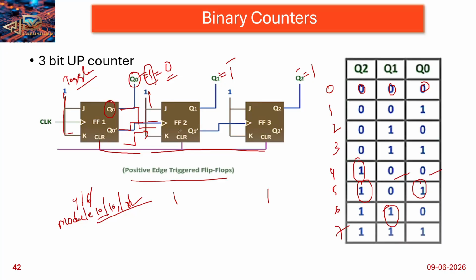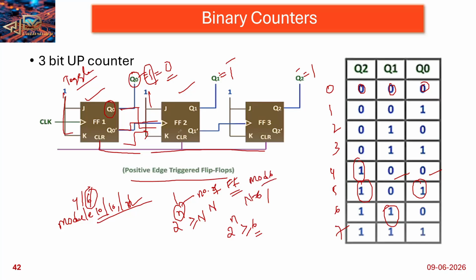Here for the 3-bit up counter, you can easily consider 3 flip flops. But what is this modulo? This modulo defines capital N. Small n represents the number of flip flops, and 2 power n is greater than or equal to capital N. Taking modulo 6, capital N equals 6.